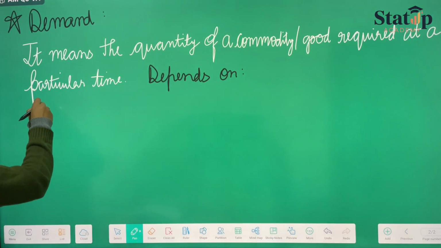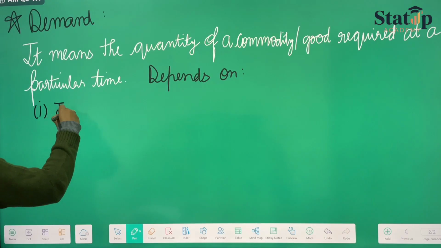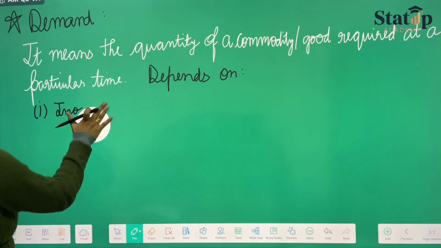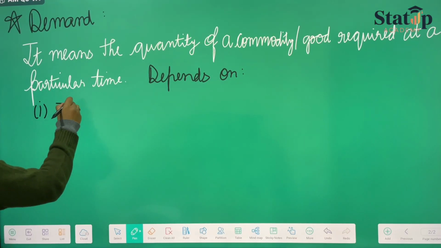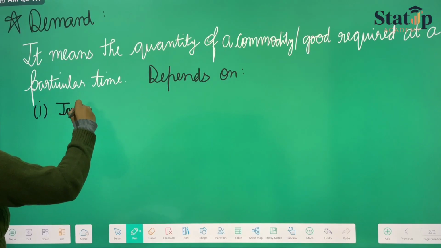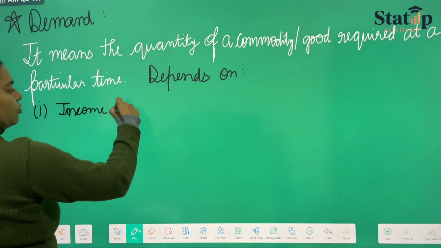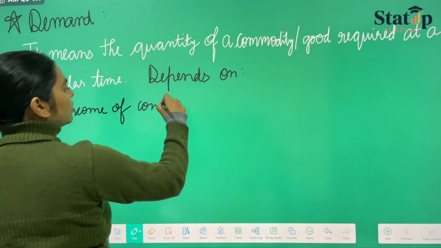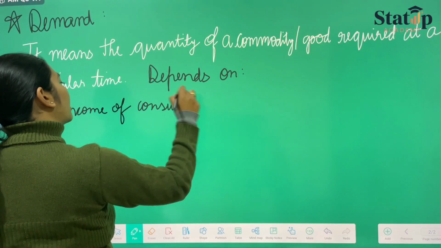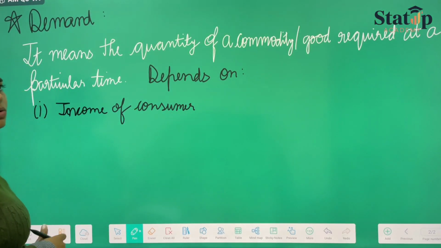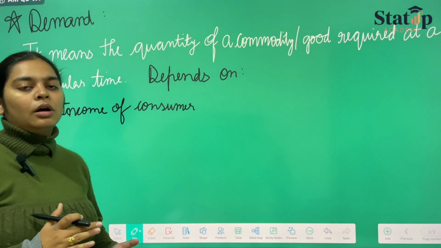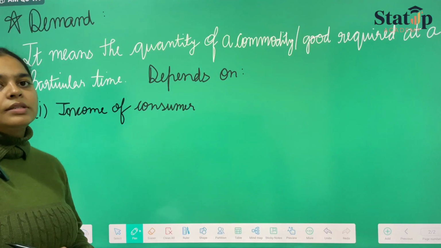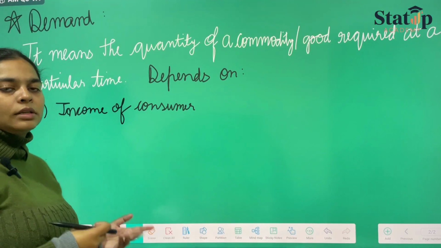Demand may depend on the income of the consumer. Suppose I am from a lower class family, I may demand exactly the quantity of rice that is important for my survival.